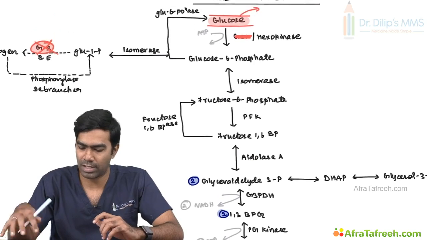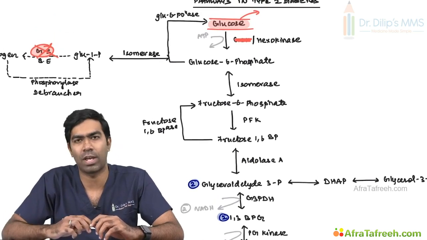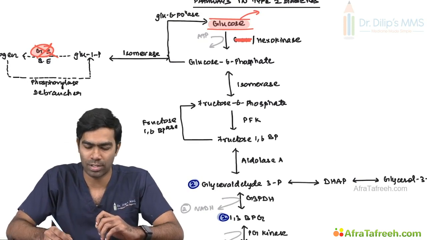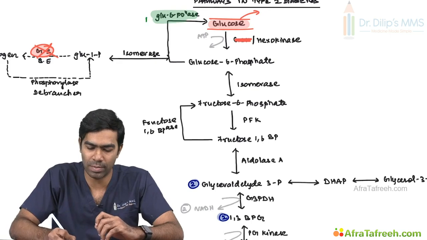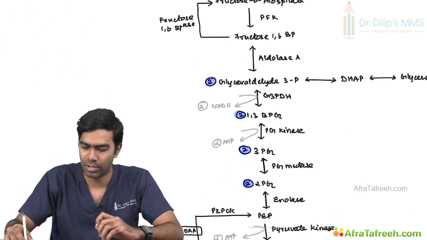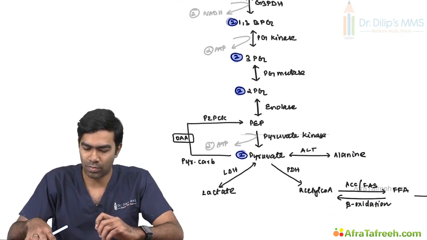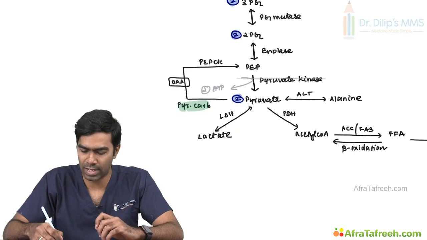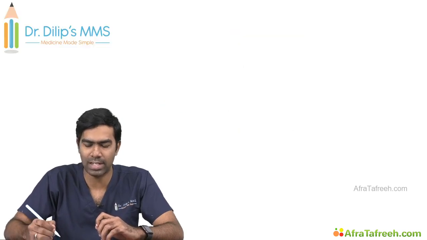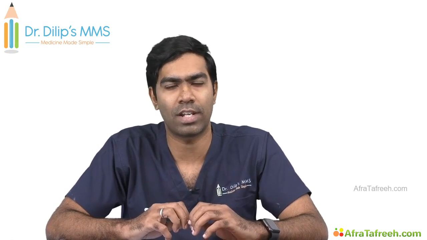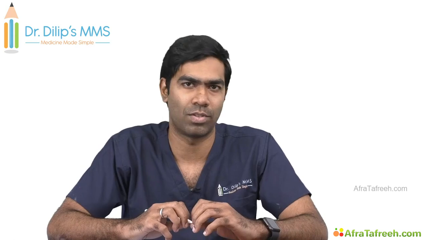Apart from that, as I told you before, the most important reason for hyperglycemia in type 2 diabetes as well as type 1 diabetes is accelerated gluconeogenesis. In the setting of insulin resistance, there will be too much activity of the gluconeogenic enzymes like glucose 6-phosphatase, fructose 1,6-bisphosphatase, as well as pyruvate carboxylase. These are the key enzymes for gluconeogenesis, and they are highly under the control of insulin, which tries to inactivate these enzymes.